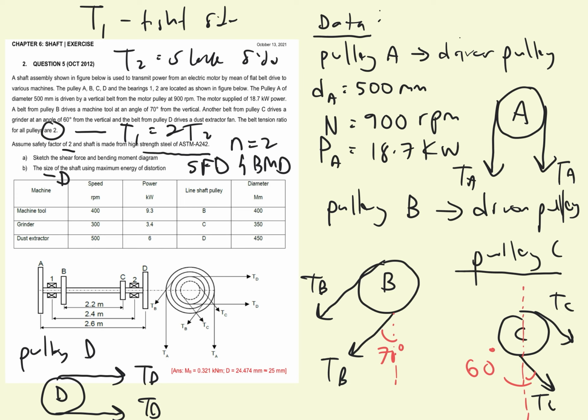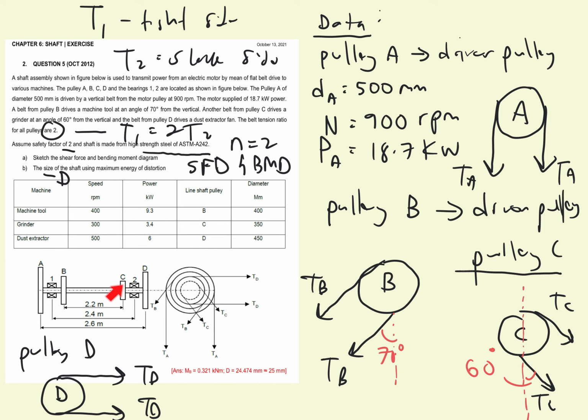Also given here is a table. Pulley B drives a machine with a speed of 400 revolutions per minute and power of 9.3 kilowatts, and the diameter of pulley B is 400 millimeters.